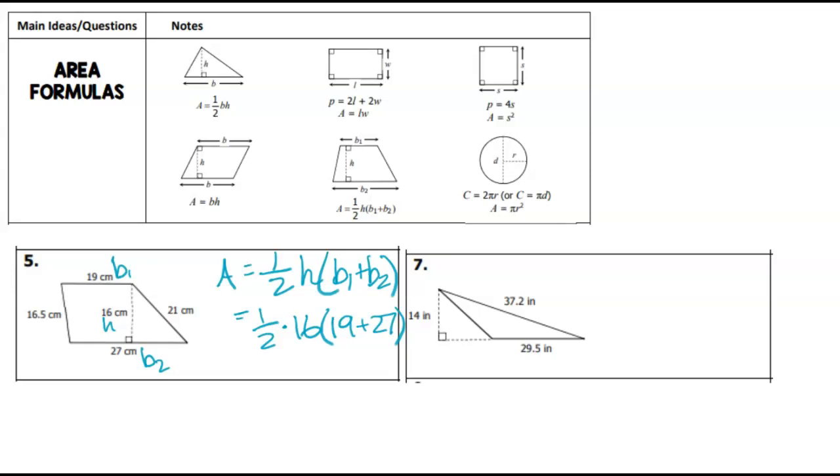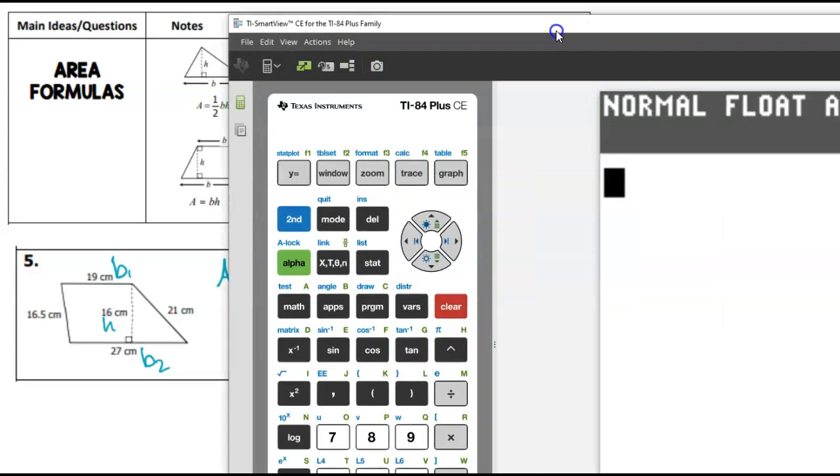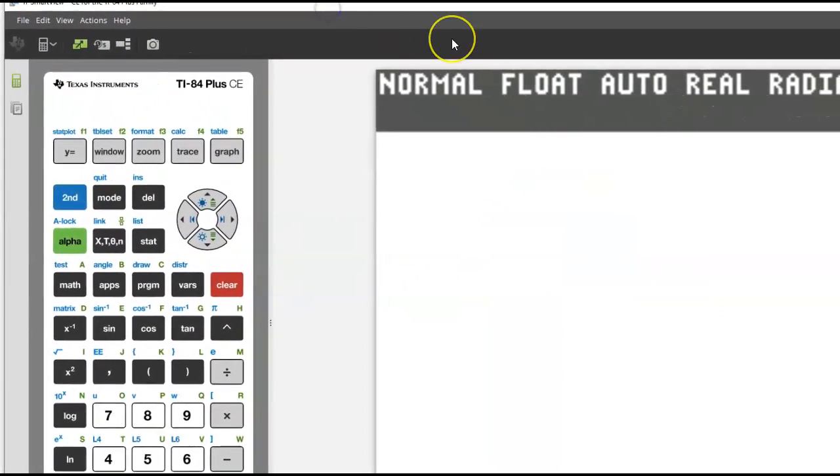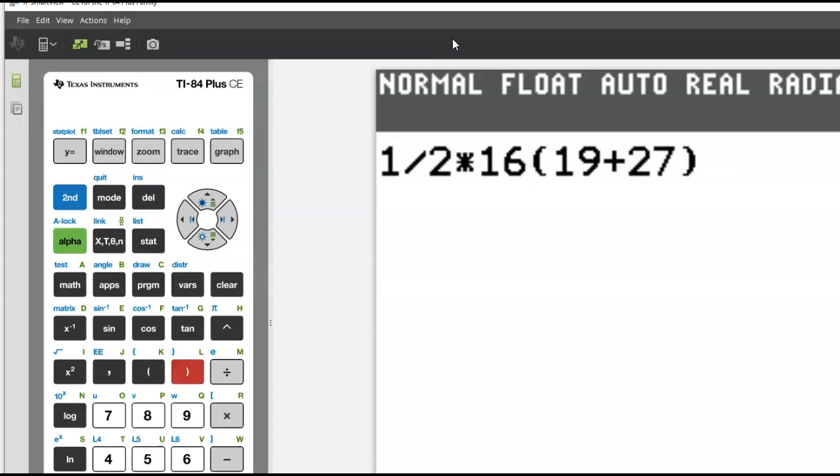So when I work that all out, it's kind of nice if I have my TI-84 calculator handy. It does multiple functions for me. I can actually type it all right in there right now. So I'm going to do 1/2 times 16. I'm going to put my parentheses. I have 19 plus 27.